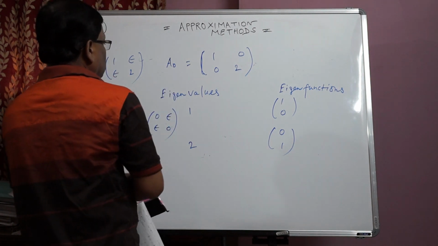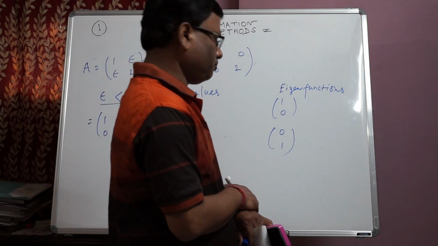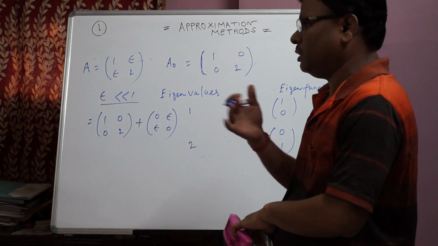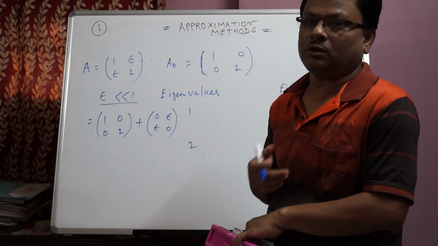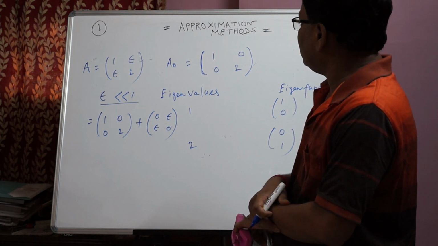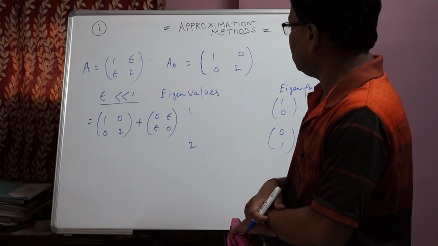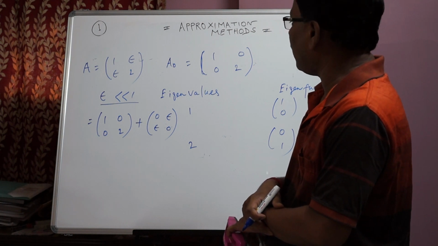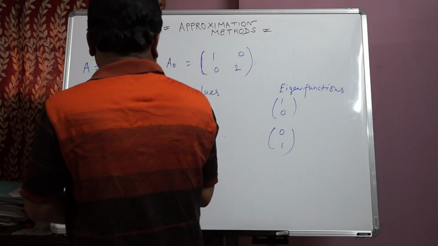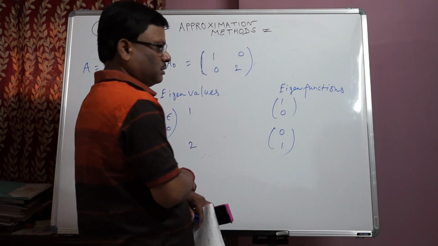To this point we come later. I tell this just to give an example of perturbation or approximation method. So from these examples, one I take from our daily life and another from classical mechanics and matrix.